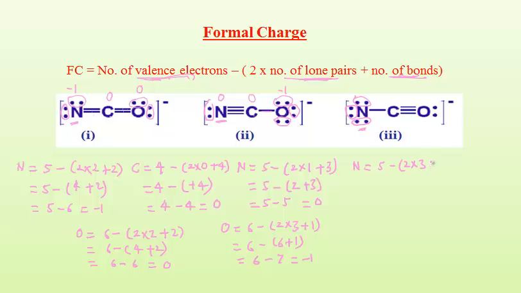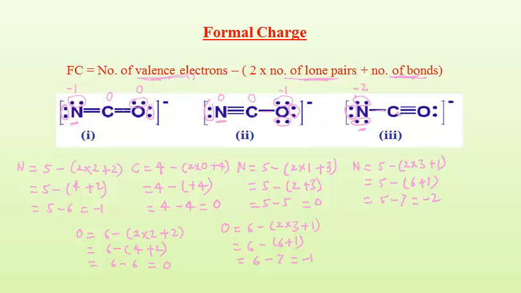I mentioned here 3, plus the number of chemical bonds. It forms only one chemical bond. Now we do the calculation here. 5 minus 2 times 3 is 6, plus 1, which is 7. Here we get minus 2. The formal charge over this nitrogen atom is minus 2.